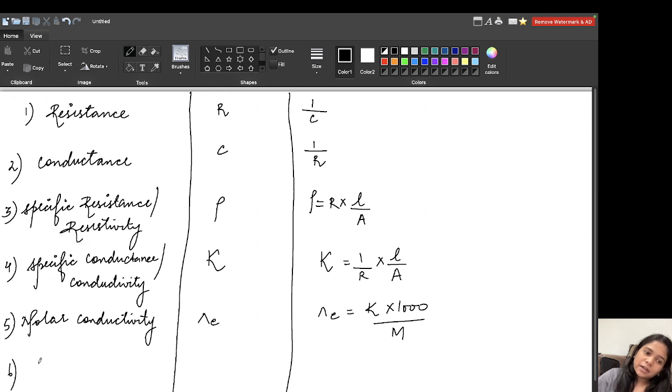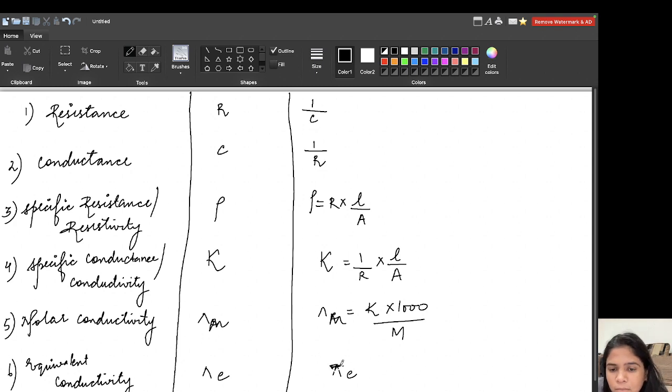And similarly equivalent conductivity, lambda E, equals kappa into 1000 by N, normality.